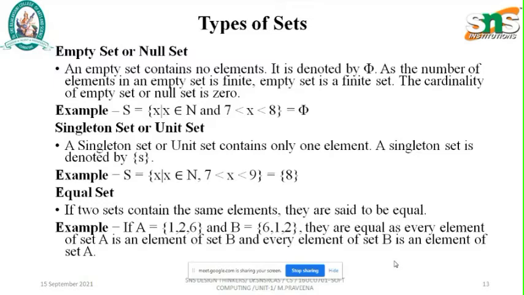So it consists of totally three elements, that is 6, 1, 2, which are already present in set A. So all the elements in set A and set B are the same. They consist of the same number of elements and also the same elements, so they are equal, as every element of set A is an element of set B, and also every element of set B is an element of set A. So it is called an equal set.